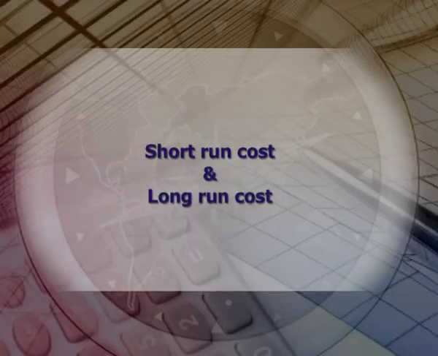Short-run and long-run cost. Moving ahead, now we should know the concept of both short-run and long-run cost. Short-run costs are those costs which are incurred by a firm during a period in which some factors, especially capital equipment, land, management staff, etc., are held constant.